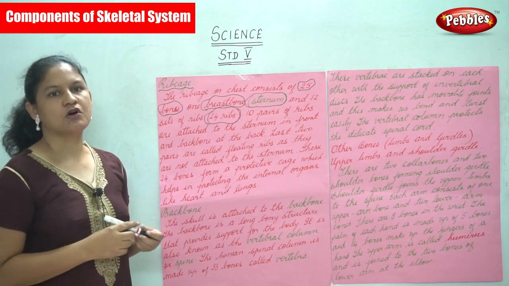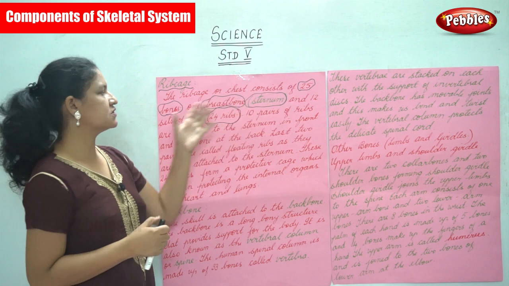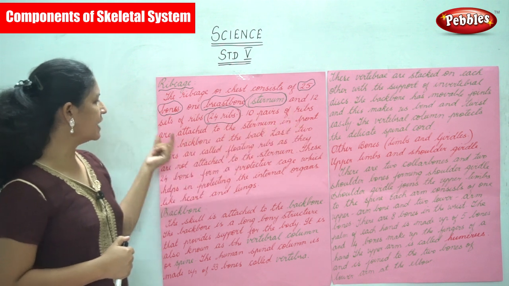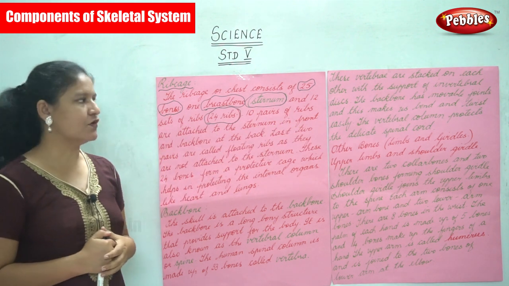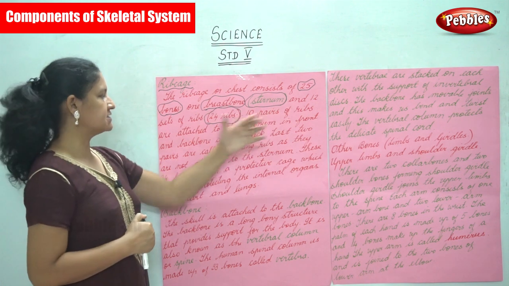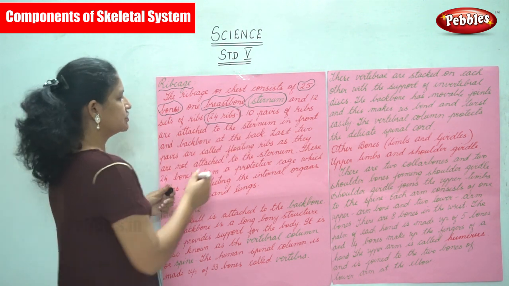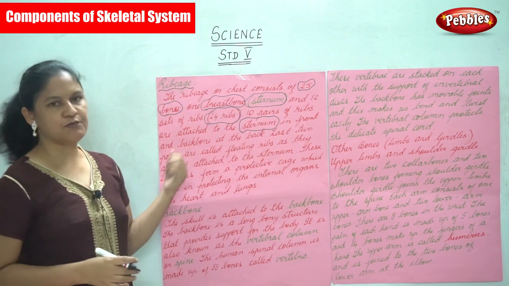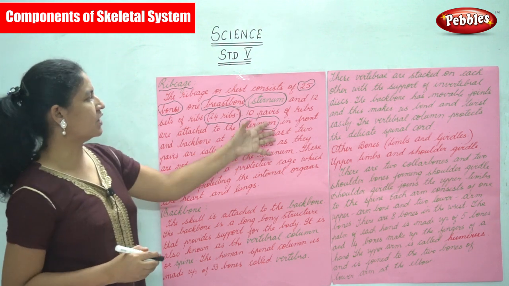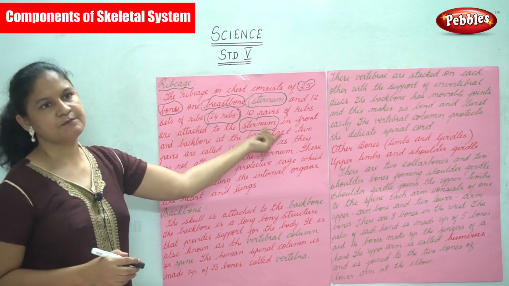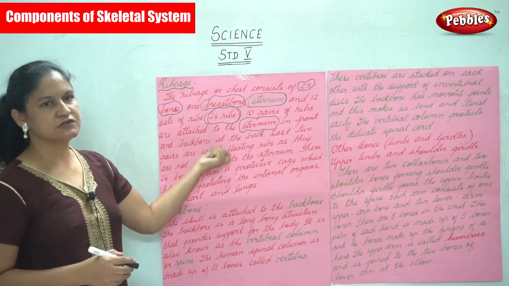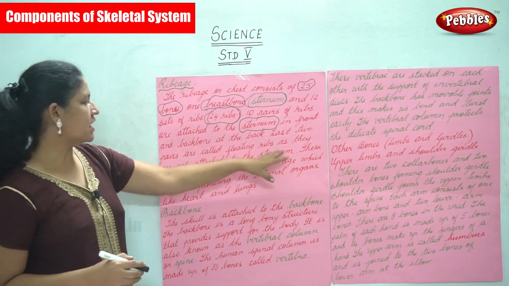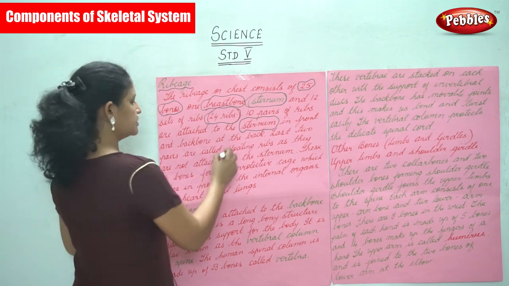So the rib cage or chest consists of 25 bones, one breastbone, the sternum, and 12 sets of ribs, that is 24 ribs. 10 pairs of ribs are attached to the breastbone or the sternum in front and the backbone at the back.